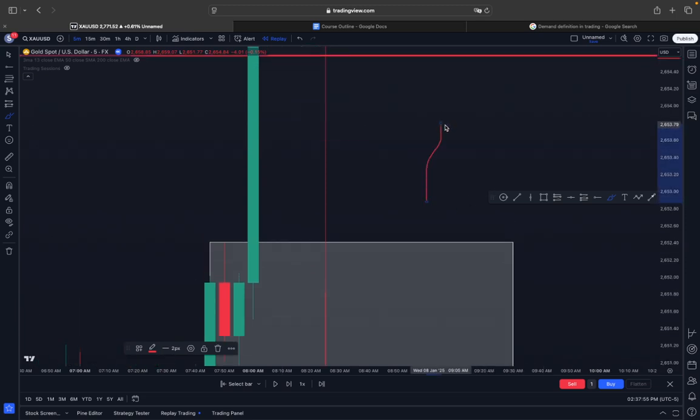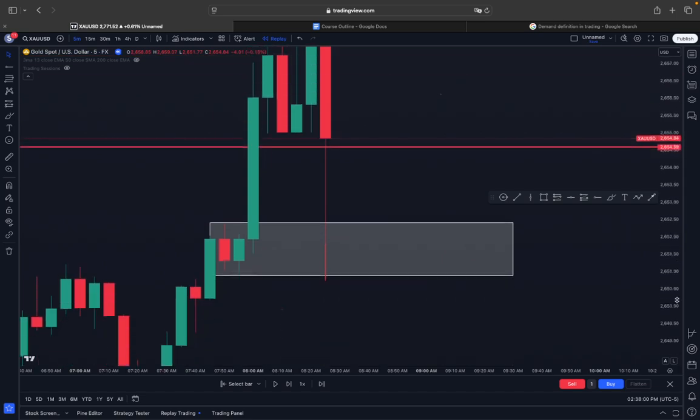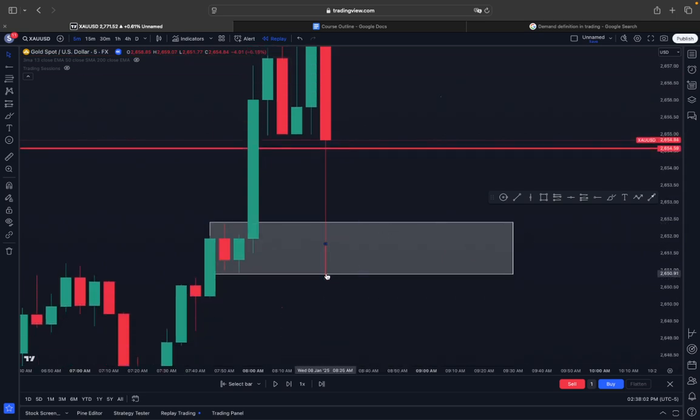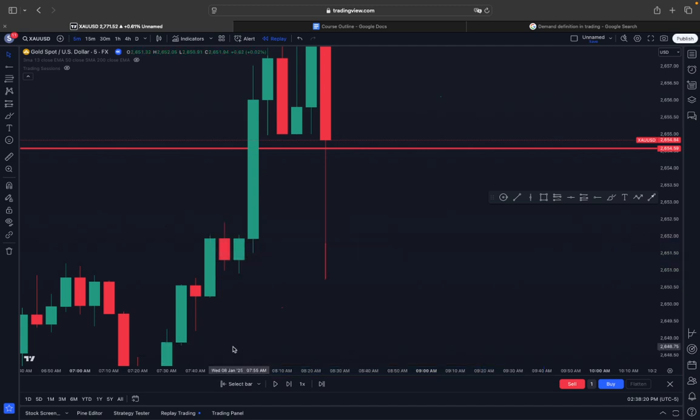It shot through there and whoops, it went below our lowest point where we said, hey, this is where the bullish momentum started. It smoked through our zone. So if it was to do something like this, we would erase this zone and say, hey, we're not looking for a trade. That zone is invalid.